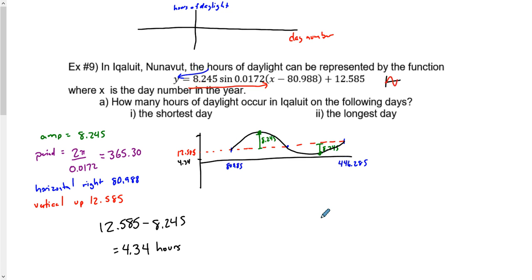But this is also just a rough sketch. 12.585, adding 8.245, will be 20.83 hours. So on the shortest day, they only have less than 4.5 hours. On the longest day of the year, they'd have almost 21 hours.